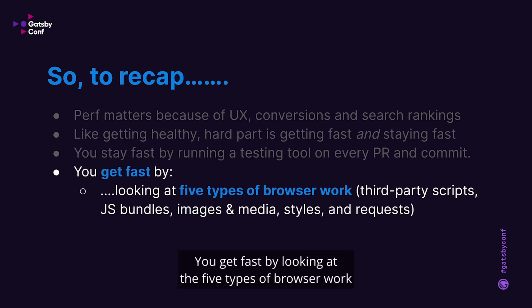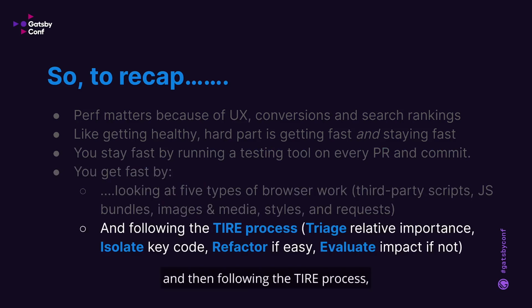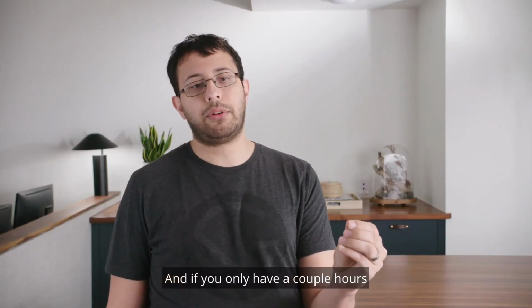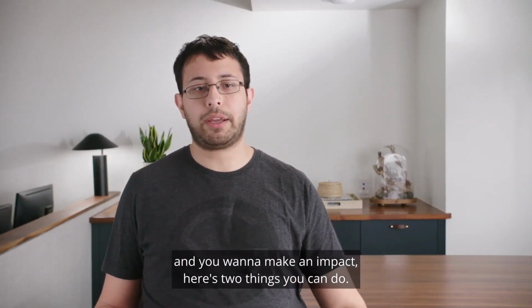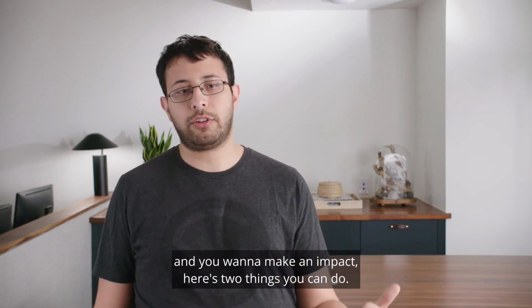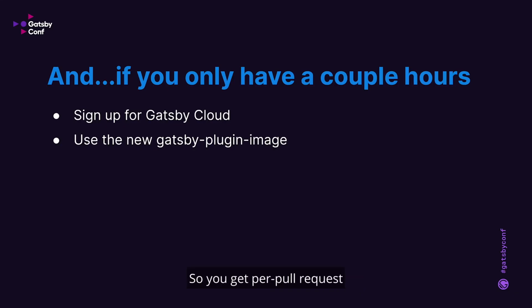You get fast by looking at the 5 types of browser work and then following the TIRE process: triage, isolate, refactor, and evaluate. And if you only have a couple hours and you want to make an impact, here's 2 things you can do. Sign up for Gatsby Cloud, so you get per pull request and per commit performance checks, and use the new Gatsby plugin image.